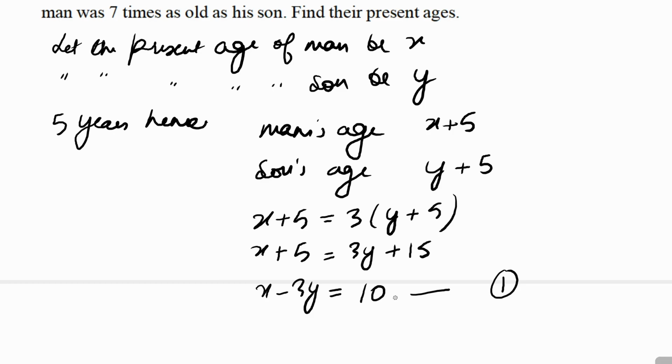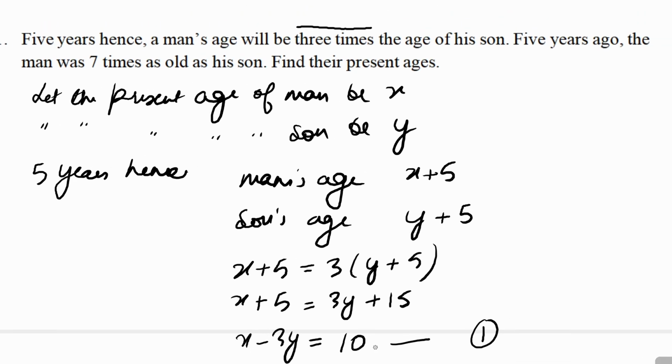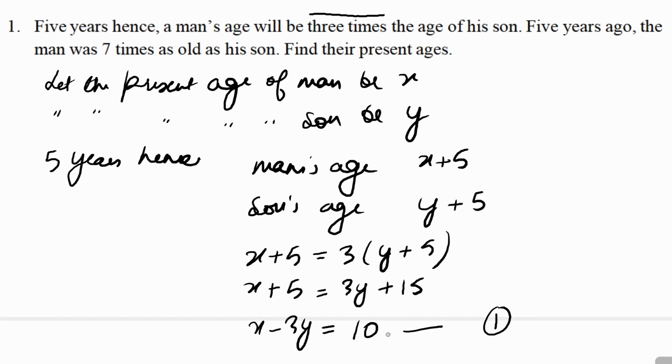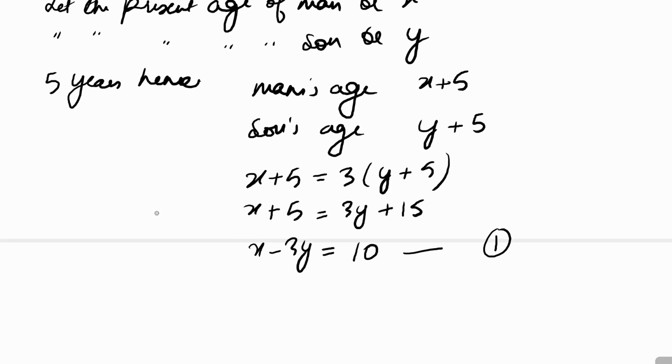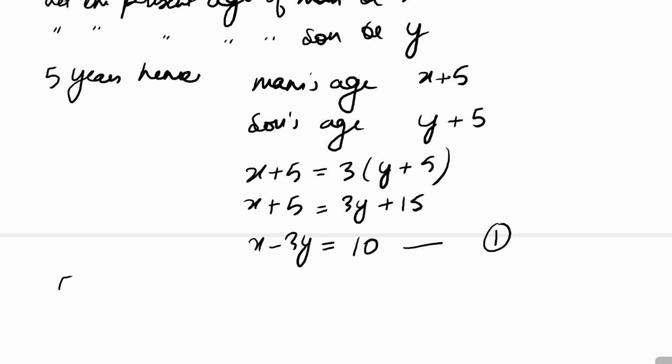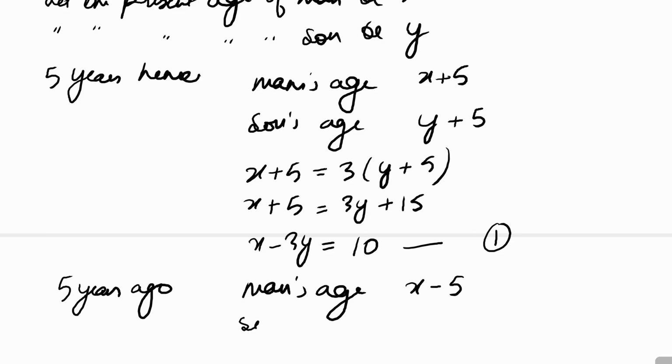Now, what is the second condition? 5 years ago. So 5 years ago, man's age was x minus 5 and son's age was y minus 5.